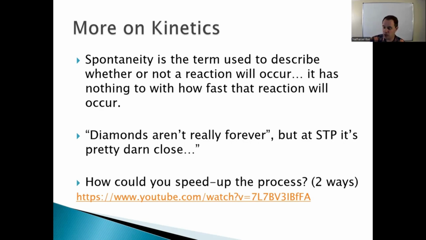And that's really the next chapter, where we can talk about what side's favored, what side's not. This chapter, kinetics, is all about how fast a reaction is going to happen. And in order to study how fast a reaction is going to happen, it has to be spontaneous. We can't study how fast a reaction is going to be if it's non-spontaneous, if it doesn't happen. We can only study reactions that happen, that are spontaneous.